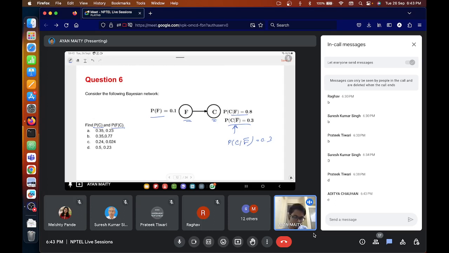Aditya Chauhan has written option C, 0.254 and 0.024.